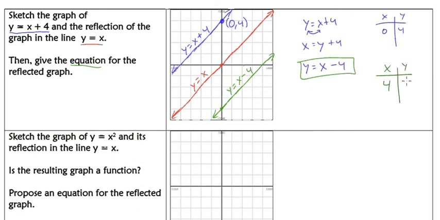The x and y values are going to be switched. And hey, look, our graph does go right through 4, 0. This point here has been reflected across the line of y equals x, ending up at 4, 0.